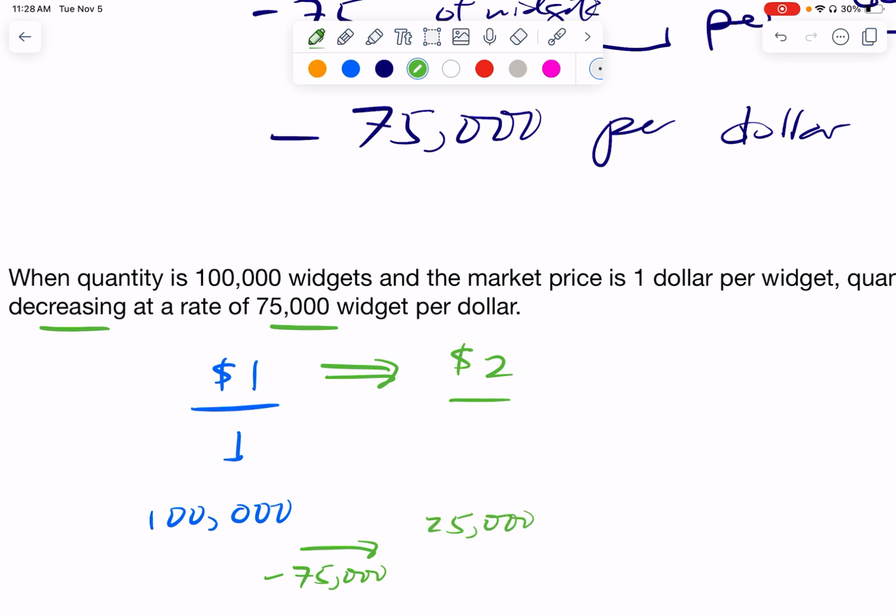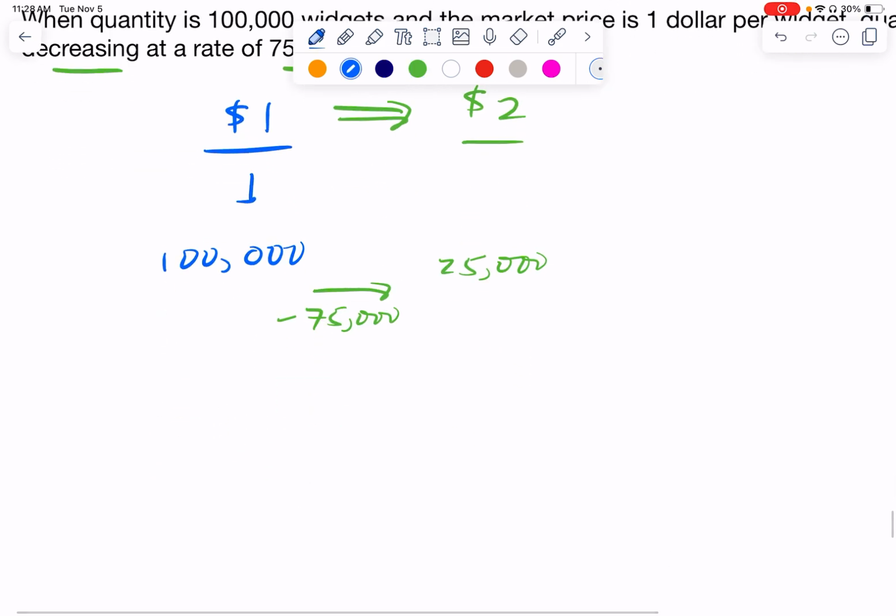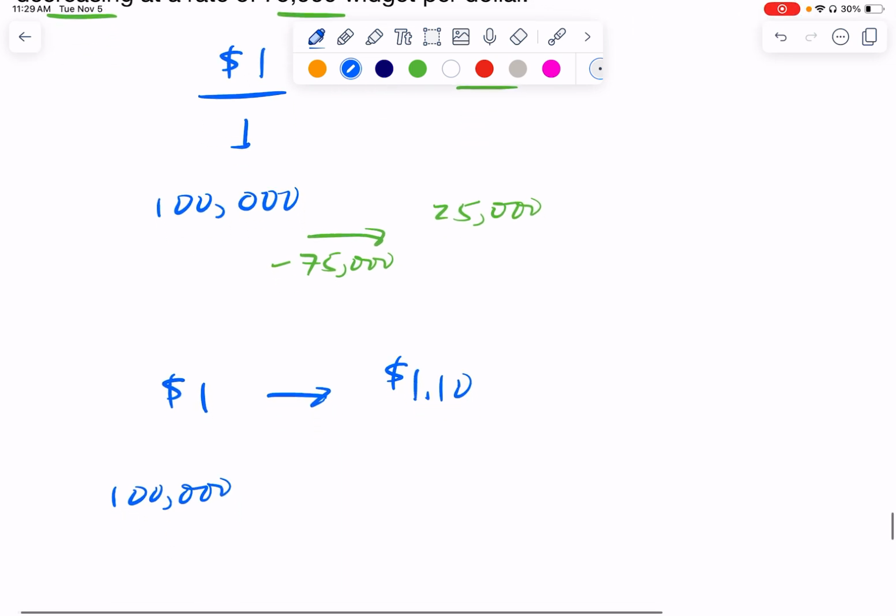And this is a little artificial because it's not instantaneous. What might actually be more plausible, right? Because doubling the price would be very rare. What might be more plausible is if we change the price from $1 to $1.10. At this price, 100,000 people want to buy it. It's going down at a rate of 75,000 per dollar.